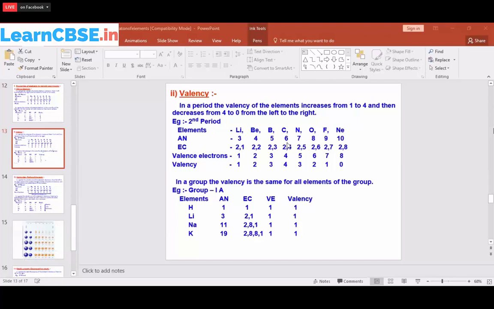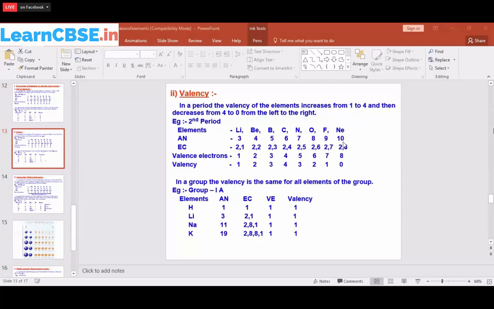Carbon, 6 electrons: 2 in the first shell, 4 in the second. Nitrogen, 7: 2 in the first shell and 5 in the second. Oxygen, 8: 2 in the first shell, 6 in the second. Fluorine, 9: 2 in the first shell and 7 in the second.